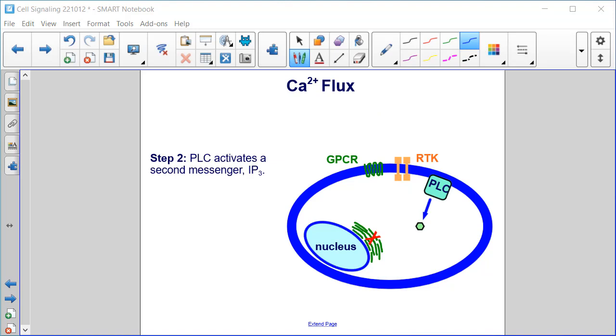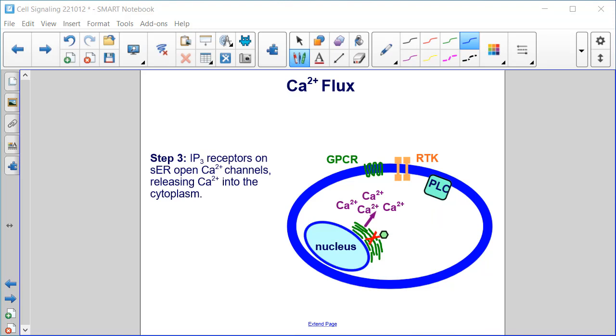Step 2, PLC activates a second messenger, IP3, which you can see by this green hexagon. Step 3, IP3 receptors on the smooth ER open calcium ion channels, releasing calcium ions into the cytoplasm, which you see here.